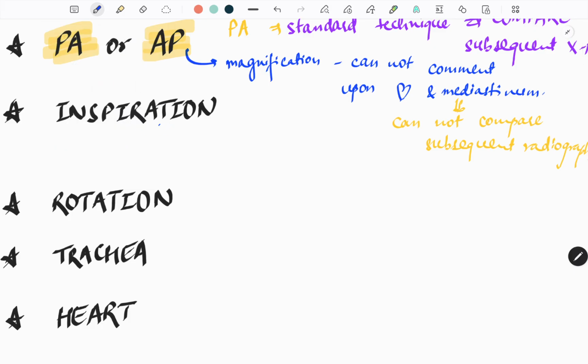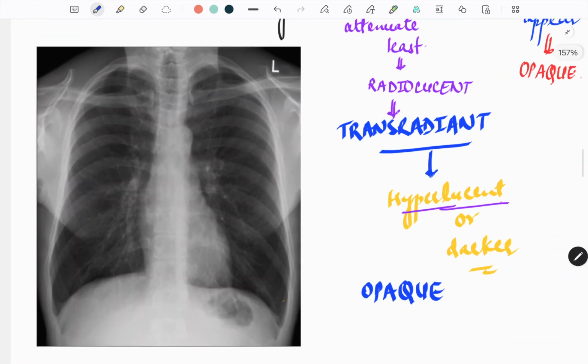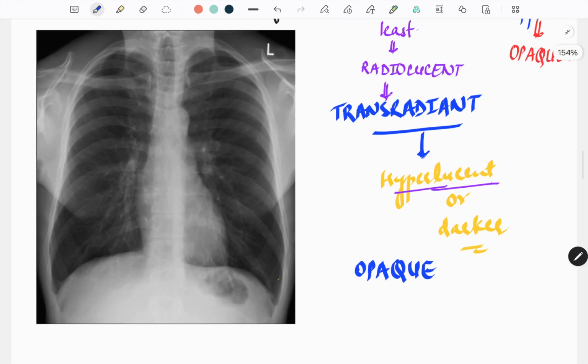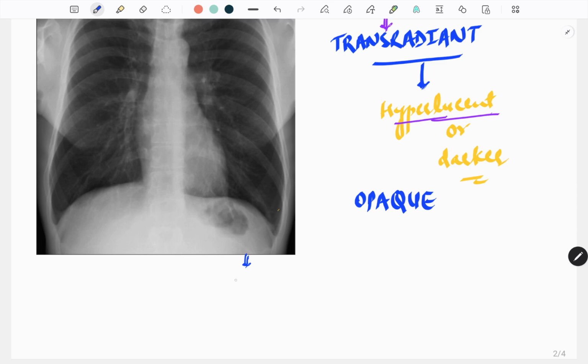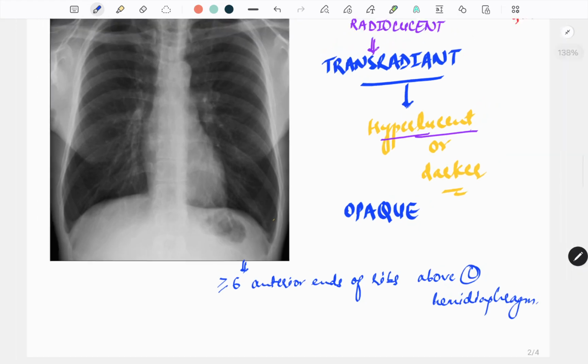Next, we'll come to inspiration. For inspiration, we'll see how many ribs we can see through this X-ray. We'll count the ribs. Usually we should see 6 or more than 6 anterior ends of ribs above the left hemidiaphragm.